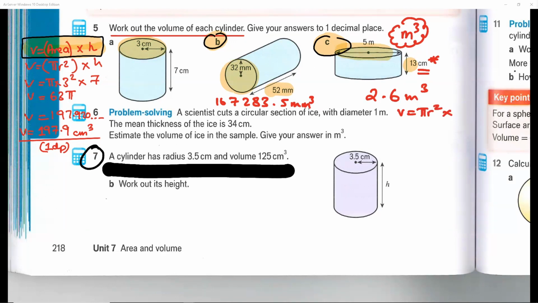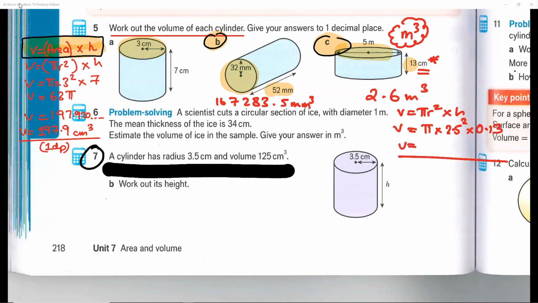So we've got pi r squared times height, which equals pi times the radius, 2.5 squared, times the height, 0.13. And we've got to change into meters.